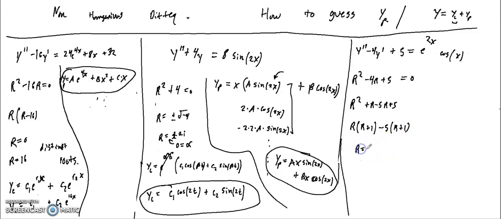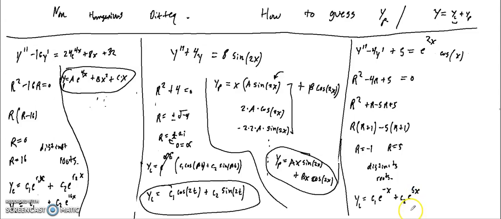We get r equals negative 1, r equals 5. So we have distinct roots. So we get yc equals some form of c1 e to the negative x plus c2 e to the 5x.